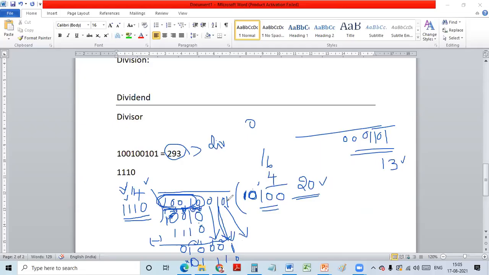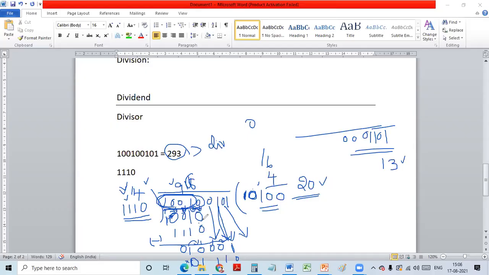So while implementing the algorithm, you are doing this manually. You can calculate this is 9 and this is 14. So the first 4 digits are not sufficient, hence I am taking one more digit so that it will become 18. But how does the computer know whether the first 4 digits of my dividend are greater or lesser?